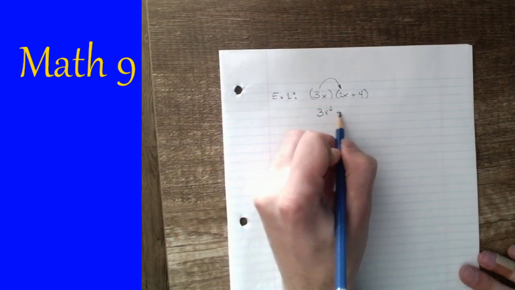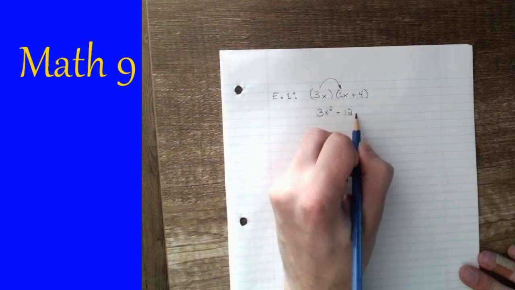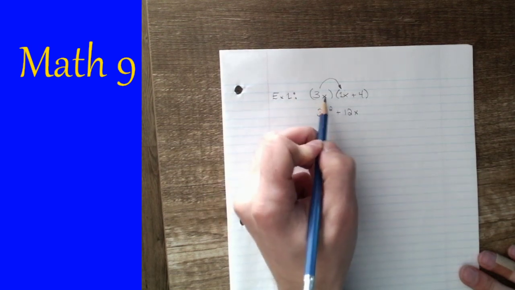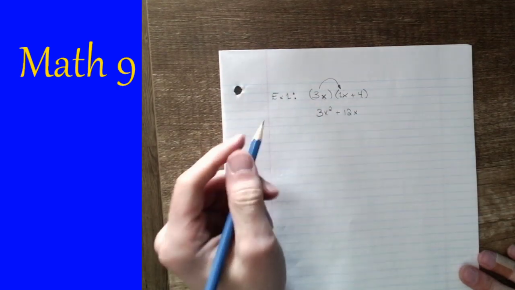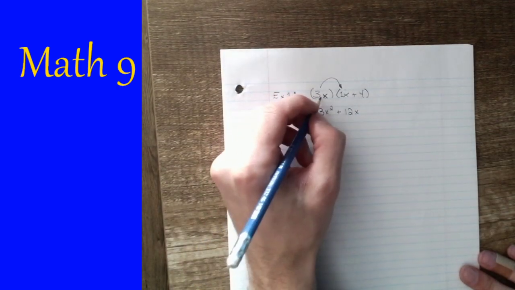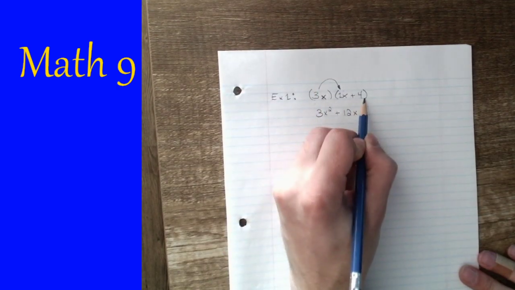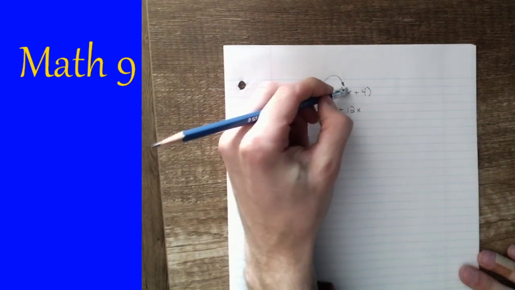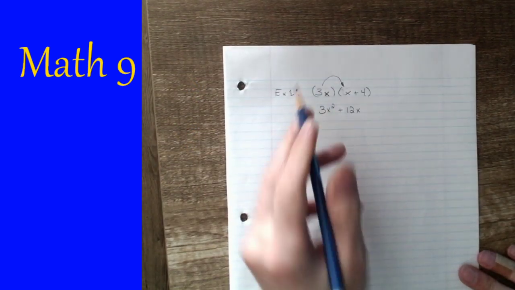And then we have plus, well, what's 3 times 4? 12. And this will include an x, which comes into play here. Okay, so this multiplication, 3x multiplied by x plus 4, is the same as 3x squared plus 12x.